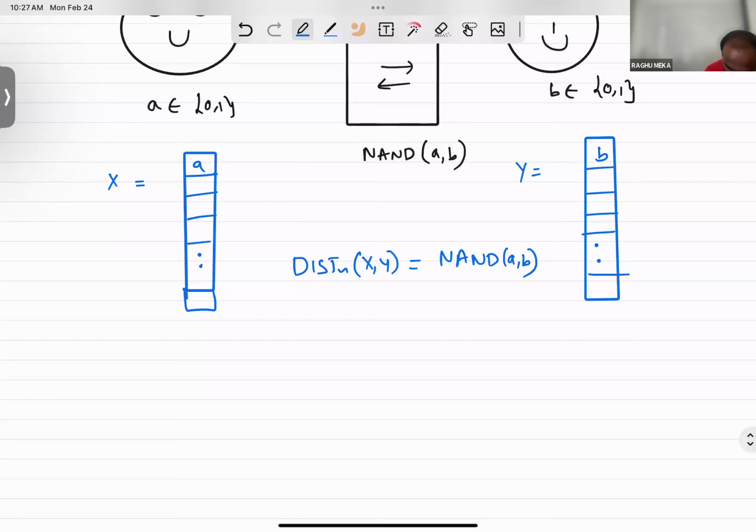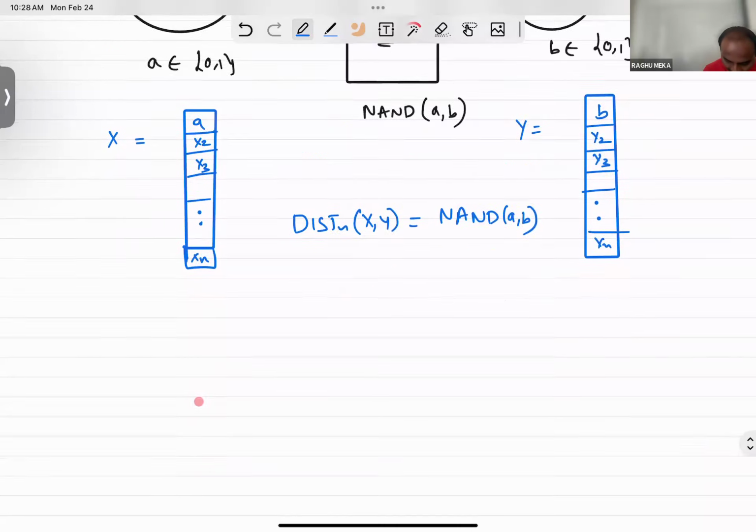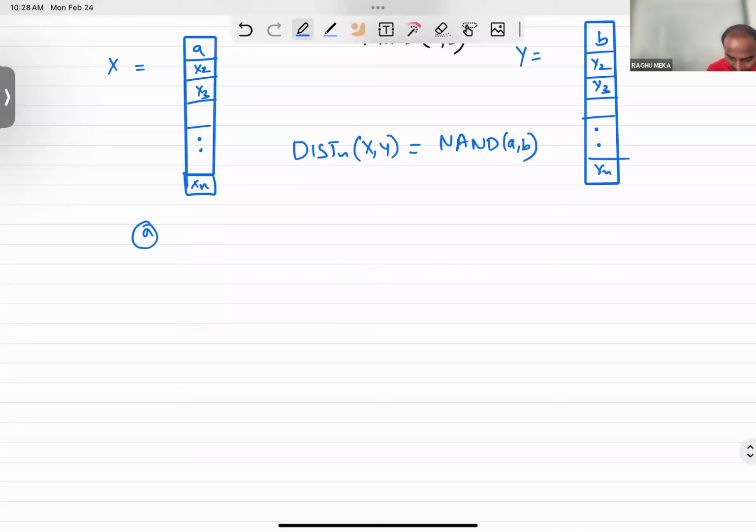Again, there are some issues with this. We'll fix it in a second, but let's just say this is what happens. Maybe Alice samples, we want to sample x2, y2, x3, y3, and so on. So here's the new protocol that we have in mind.